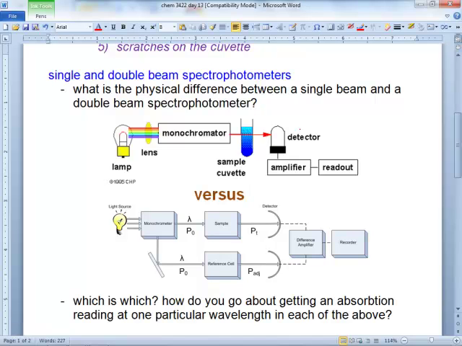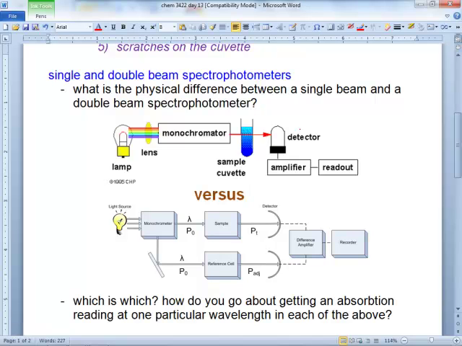Okay. What is the physical difference between a single beam and a double beam spectrophotometer? So here they are. Which one is which, Sandy?